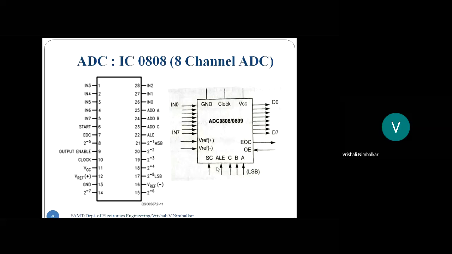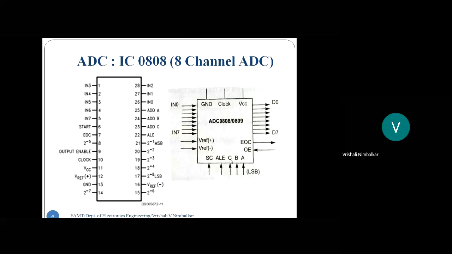So that's the purpose of ALE, address latch enable, and it is active high. If the address latch enable signal is not given, whatever addresses you give on ABC will be ignored. So the address bits ABC and the address latch enable work in combination.